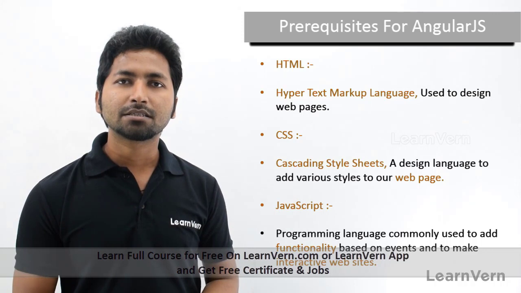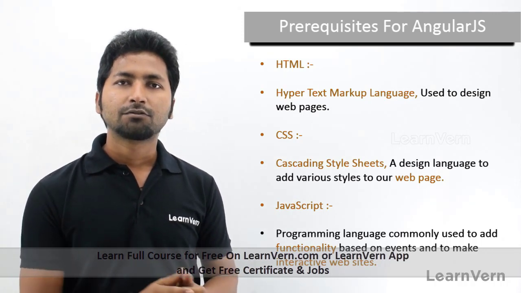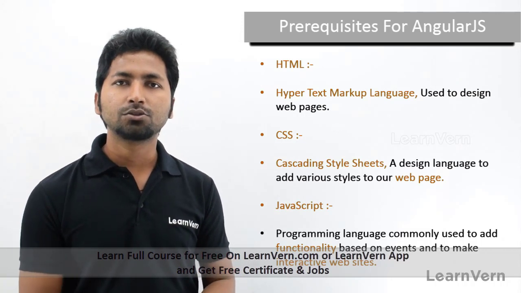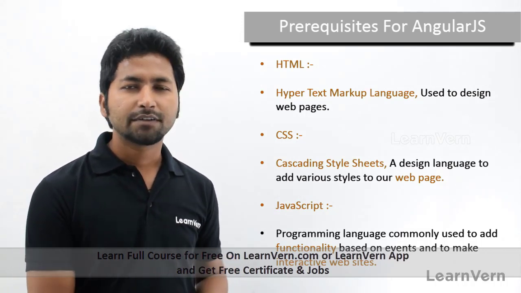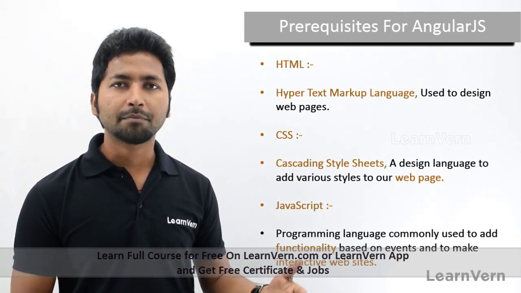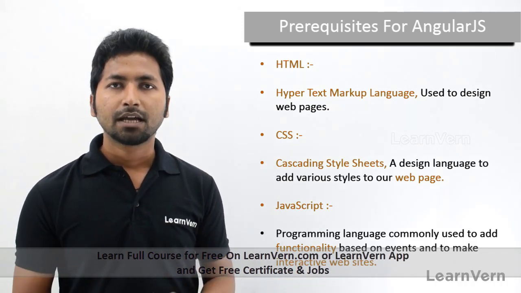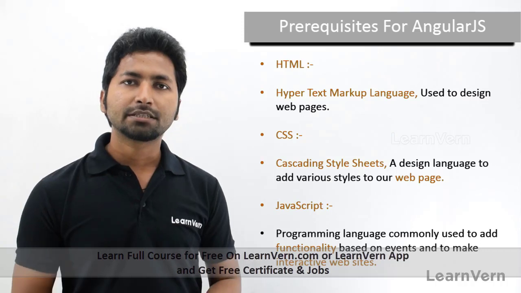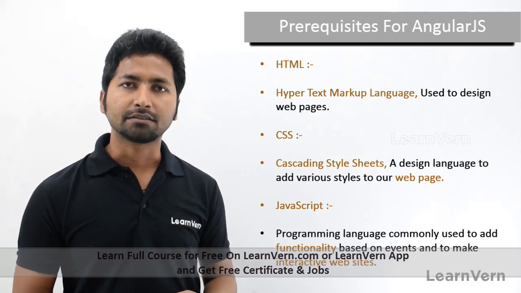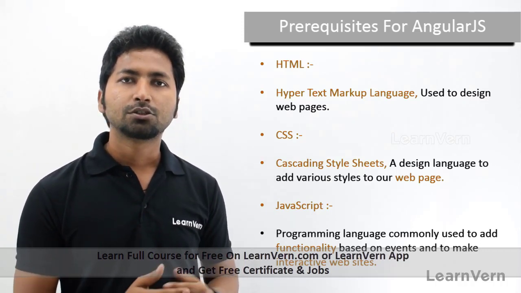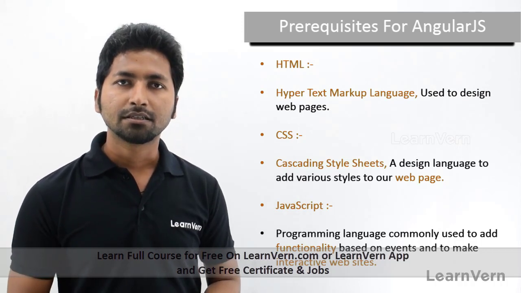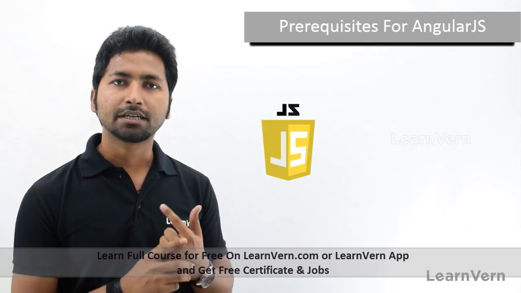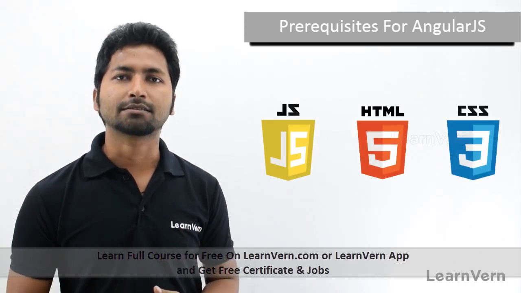JavaScript is a programming technique for web technologies through which you can do lots of things like event driven things. When some event happens, you have to write something, and this type of thing you can manage in your JavaScript file. So in this way these three things are very important to learn AngularJS. Let me summarize: this is JavaScript, HTML and CSS.